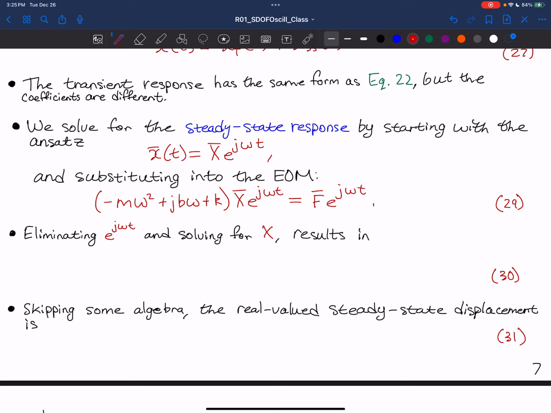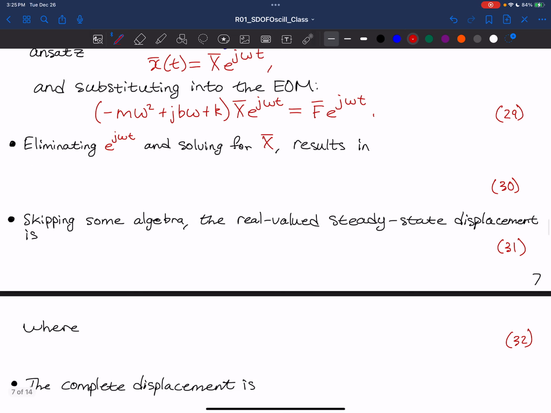From here, we're going to eliminate e to the j omega t, and then we're going to solve for the complex amplitude big X by dividing by everything in the parentheses on the left-hand side. So we'll end up finding that big X is equal to big F divided by the quantity minus m omega squared plus j b omega plus k.